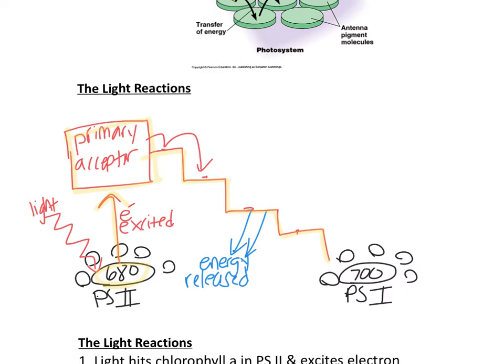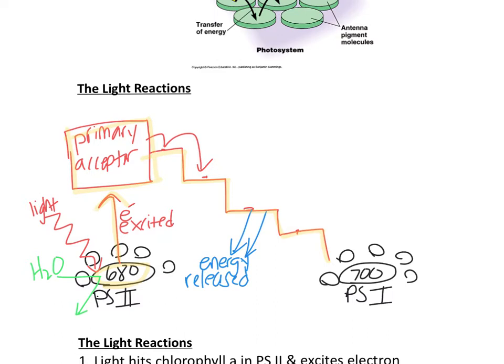And the molecule that provides the electron is water. So plants use water for a variety of things, but one of them is to supply the electrons. So that water will resupply the electrons so that the photosystem does not run out of electrons.